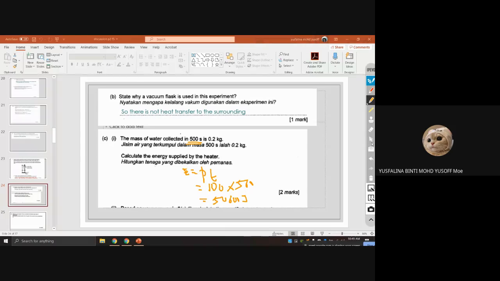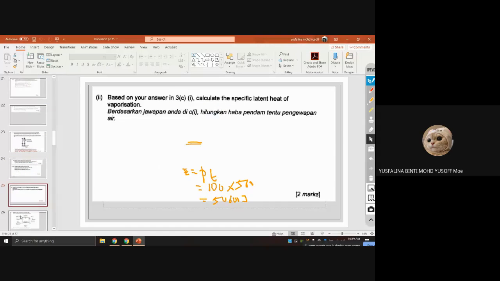Alright, next one asks you, based on the answer in 3C1, calculate the specific latent heat of vaporization. So we assume that all the electrical energy being supplied is used to change from liquid to gas. Okay, so the formula should be Pt equals ml. So we assume all the electrical energy supplied is used to change all the liquid to gas, so this Q is from Q equals ml.